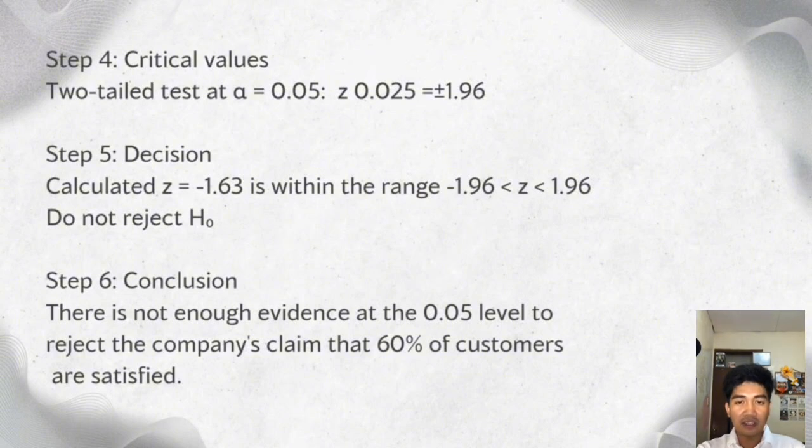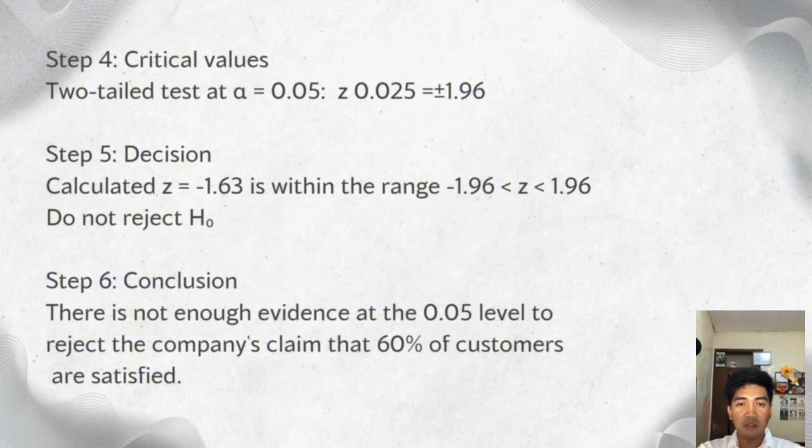Step 4, the critical values. Two-tailed test with alpha equal to 0.05. Aron makita nimo siya sa Z table, the nearest to 0.05 in the Z table is positive or negative 1.96. Step 5, decision.